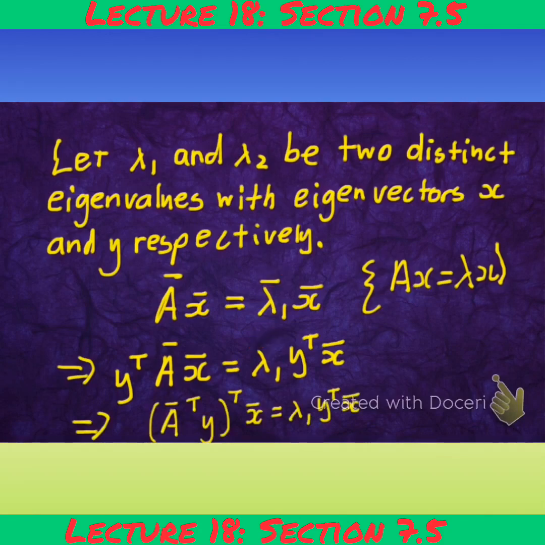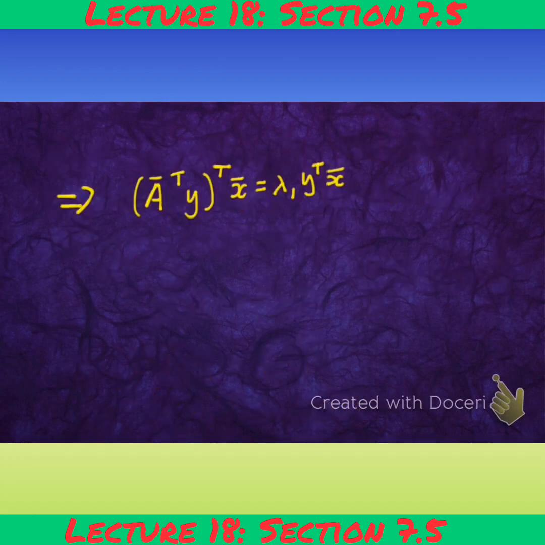Then again we can replace this term here with that term there because of the transpose laws. And because the matrix is Hermitian, remember that is now A star, Y transpose, X bar.